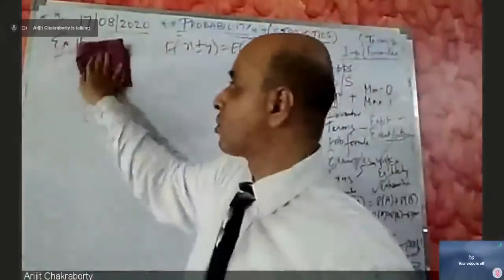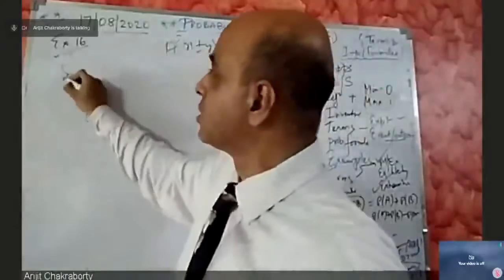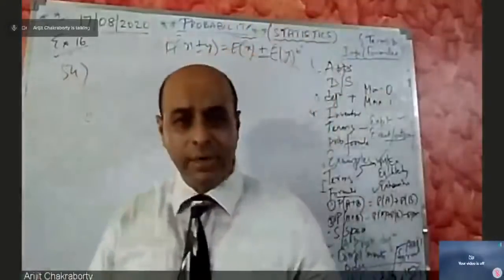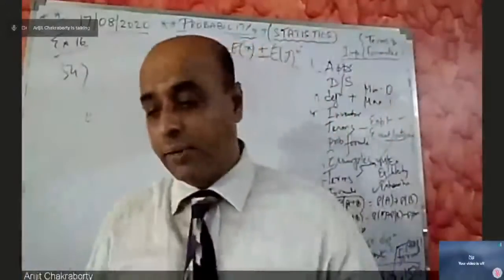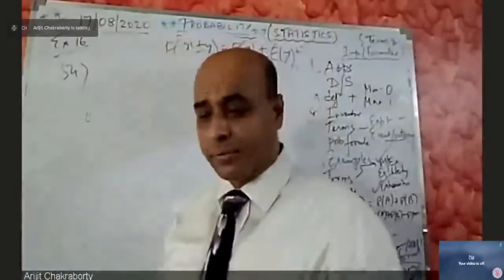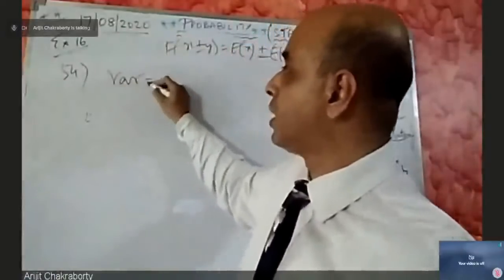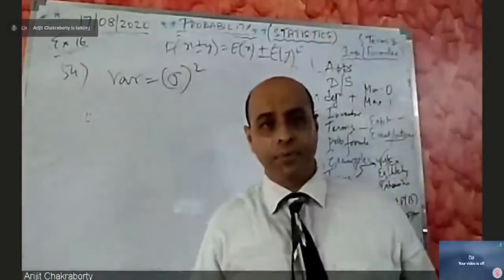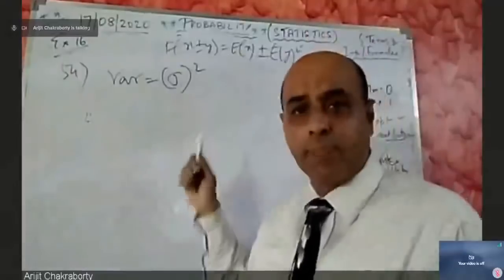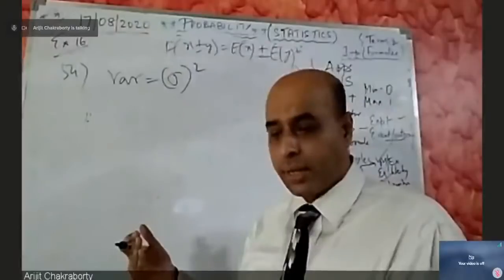We take 54. I'm taking the most difficult ones towards the end, because the ones in the beginning are relatively easier. 54: if the variance of a random variable, you have done variance and standard deviation. Standard deviation is shown by sigma, and variance is nothing but the square of the standard deviation, sigma square.